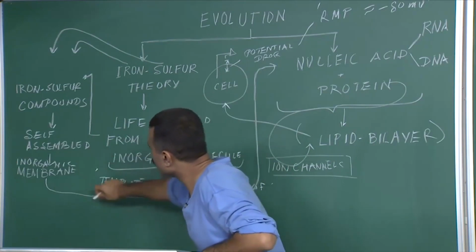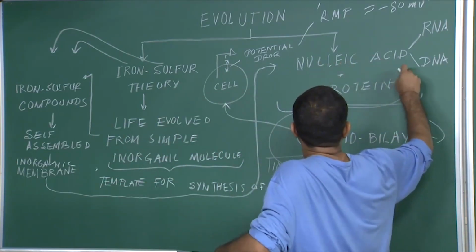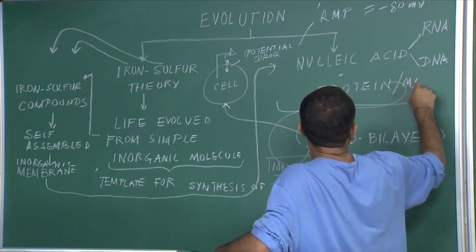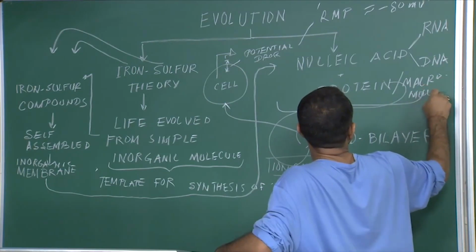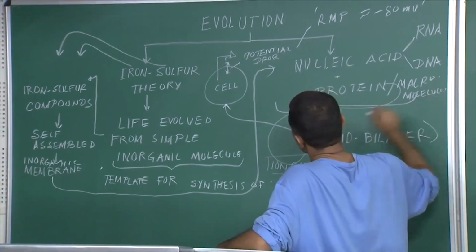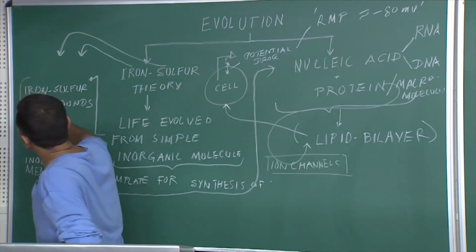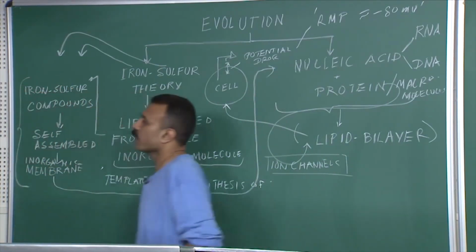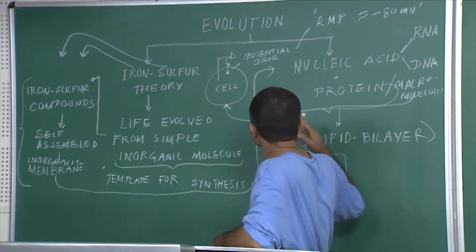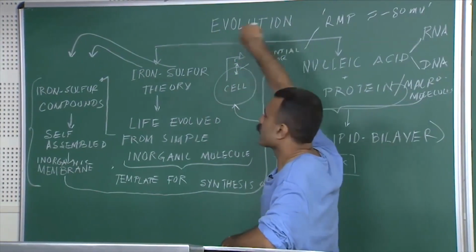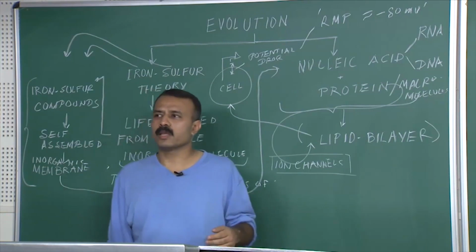If we assume that these inorganic molecules lead to the formation of nucleic acid, proteins and other macromolecules, which includes lipids and carbohydrates, then it may be a good idea to understand what are the electrical properties of these kind of inorganic molecules, if they are the ones which are involved in formation of these kind of lipid bilayer and what we call the modern day cell.